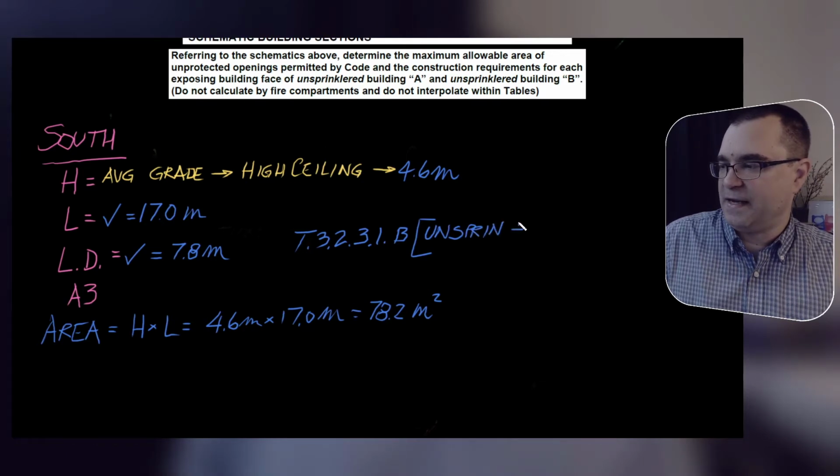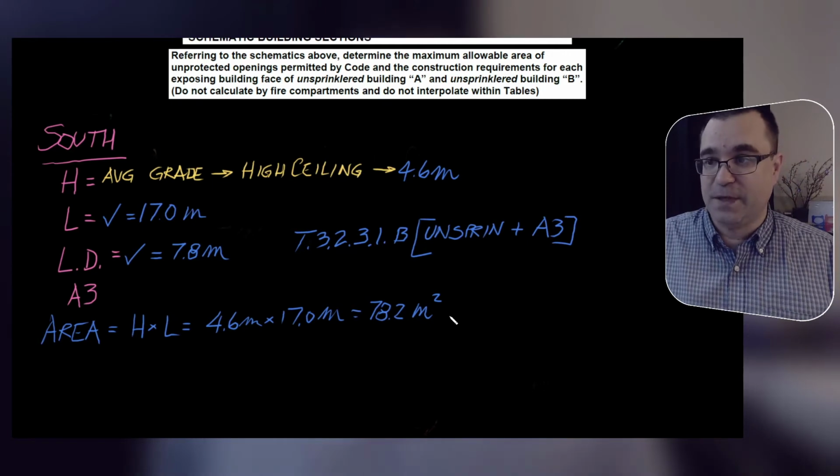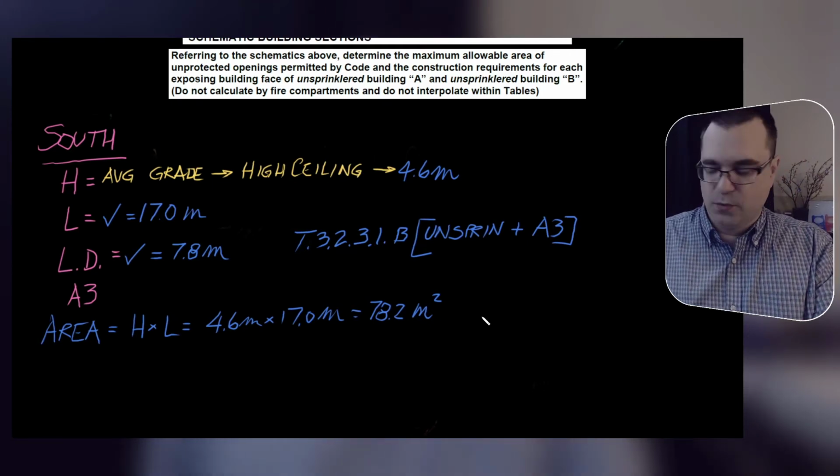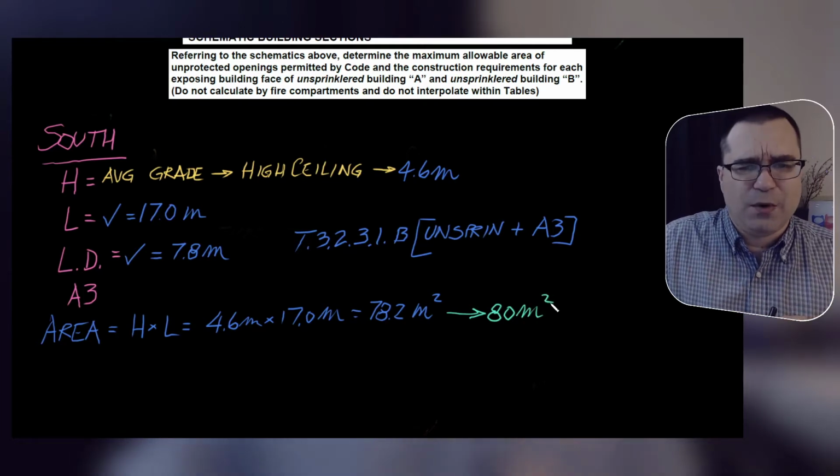Right, like that. And because it's an A3 occupancy. So then from that information, what that tells us is that we are going to be using area 80 meters squared. Let me show you how I came up with that.